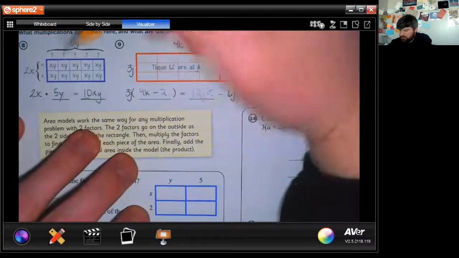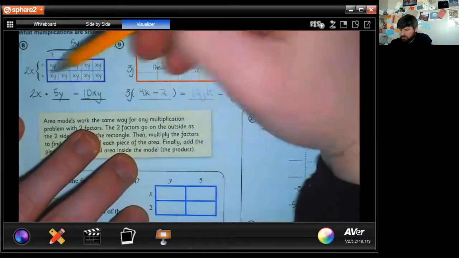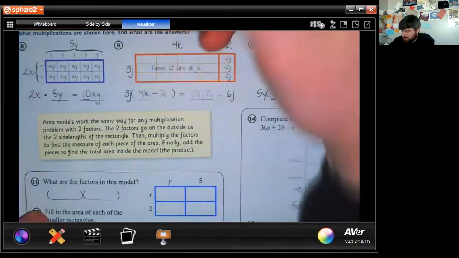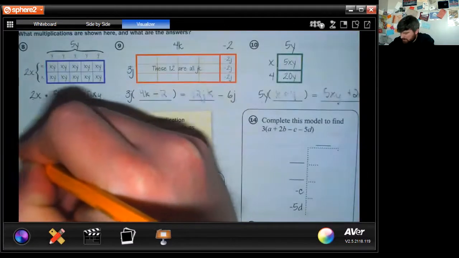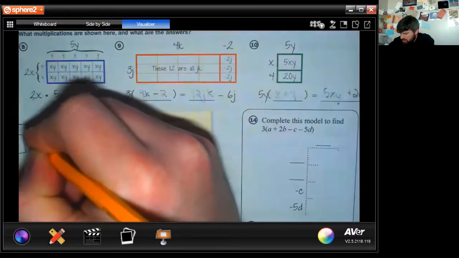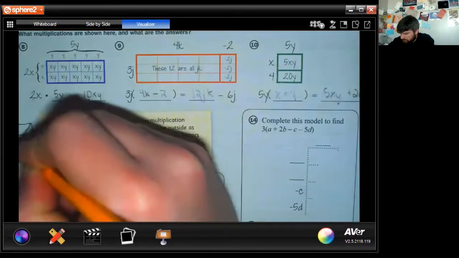So if you have 2 terms, or 2 things that you're multiplying, you get this 2-dimensional shape. I think I talked about in class one time, if you were to take 3 terms, you would actually have to make a 3D model of the item.